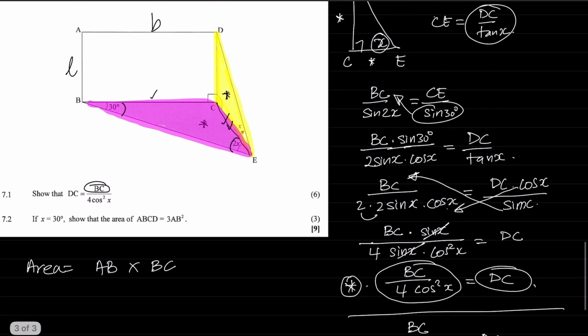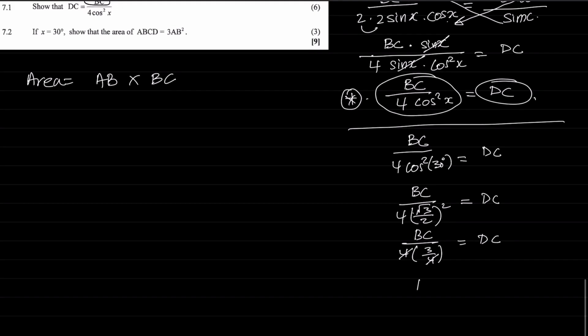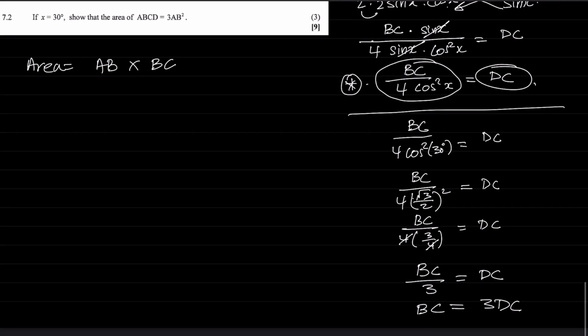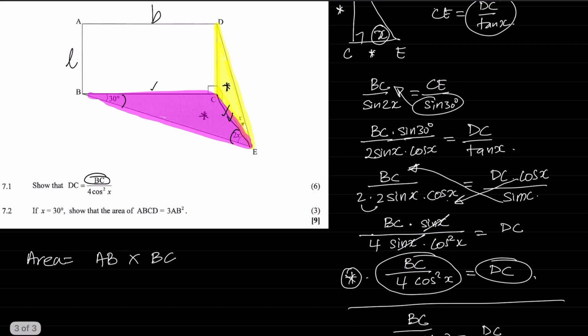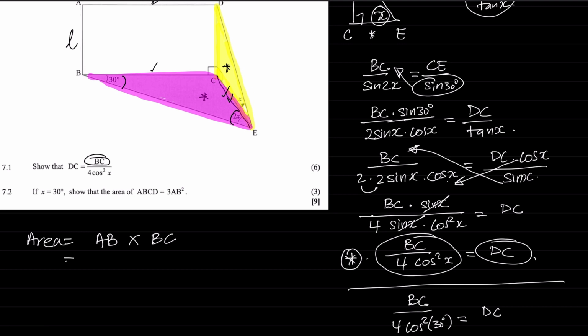So BC divided by 3 is equal to DC. In other words, BC is equal to 3DC. So basically, the length of line DC, if you multiplied it by 3, you're going to get the line BC. Okay, and we know that AB, since it's a rectangle, AB and DC are equal. So let's replace this. So AB, instead of AB, we'll write DC times BC.